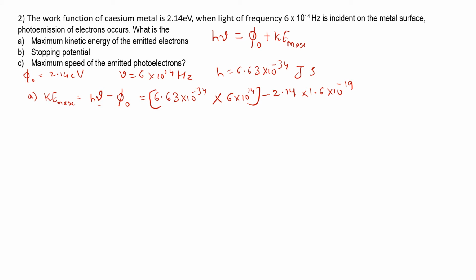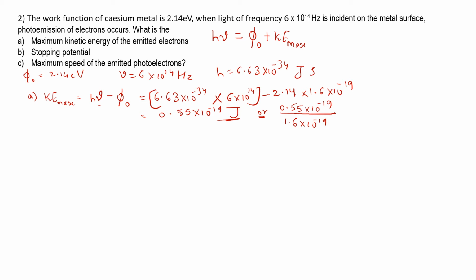If you solve all this, you get 0.55 into 10 raised to minus 19 joule. You can also write this in terms of electron volt: to write it in electron volt, 0.55 into 10 raised to minus 19 joule is divided by 1.6 into 10 raised to minus 19.